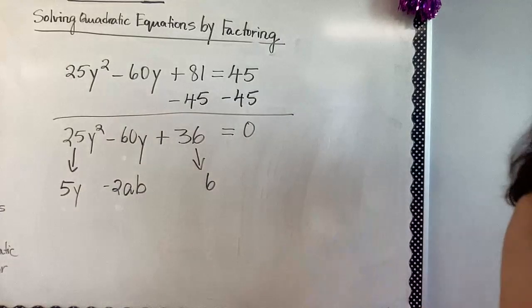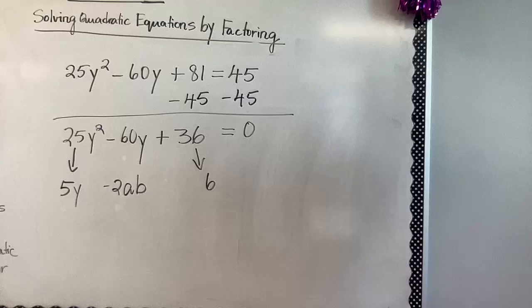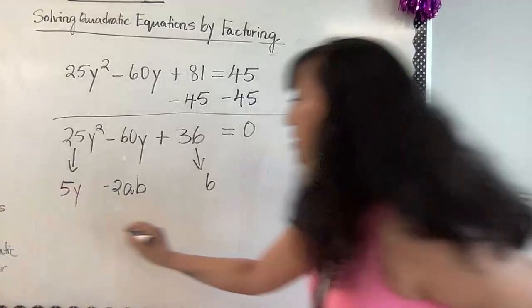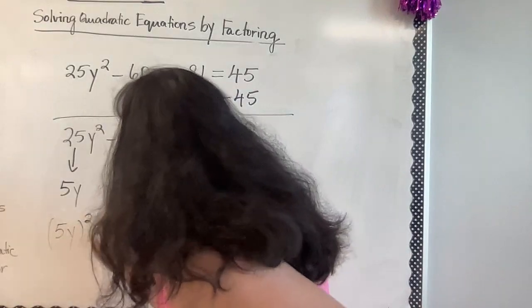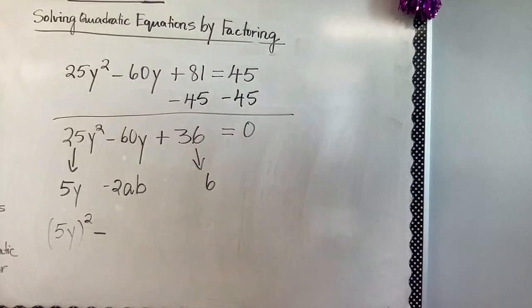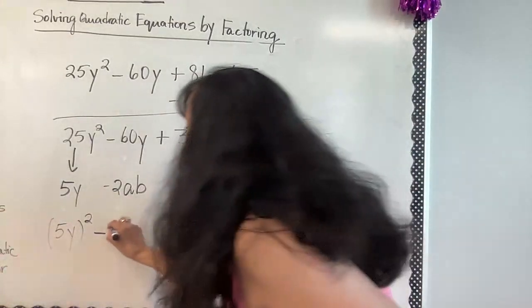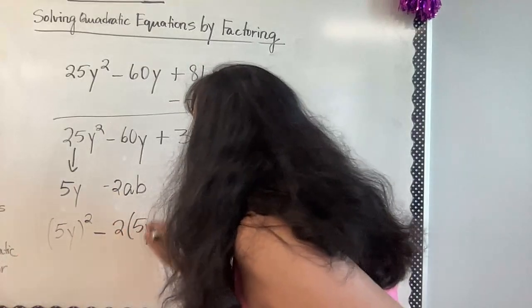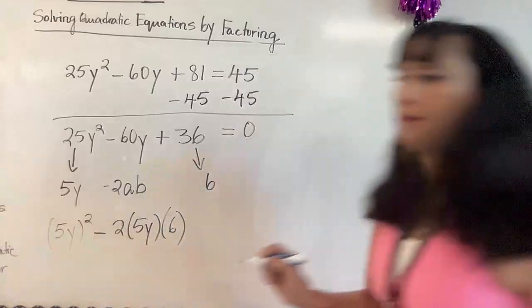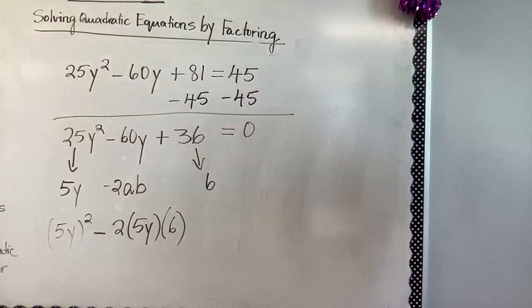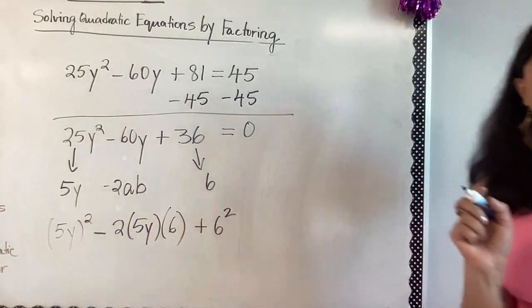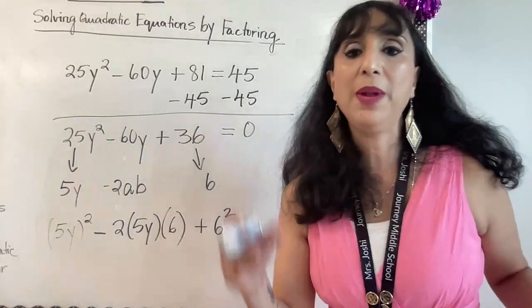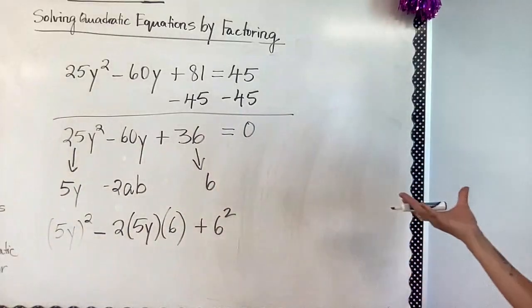Okay, so I can see that this is 5y squared minus, we have the perfect square trinomial, right? So minus 2 times 5y times 6, plus 6 squared. So a squared minus 2ab plus b squared. That's basically what this is.